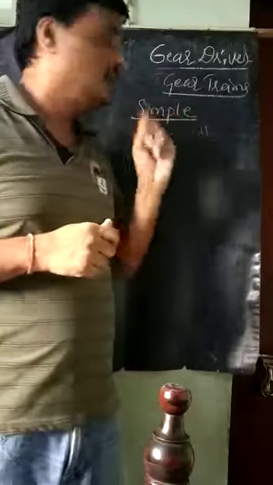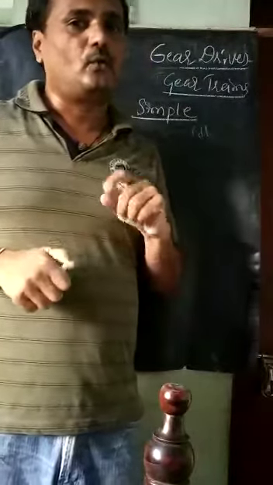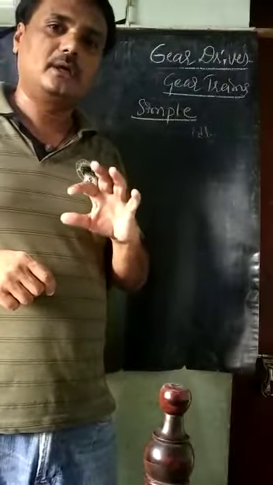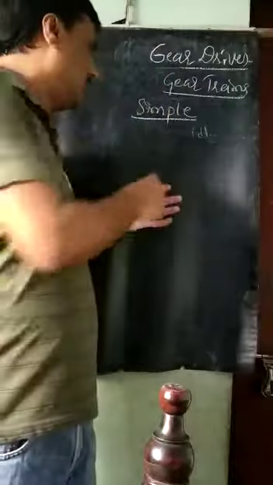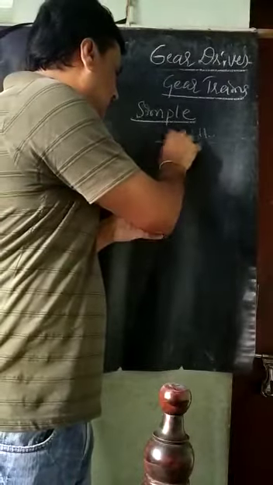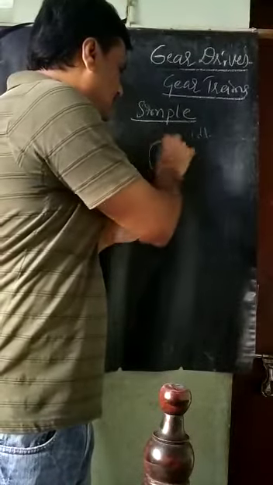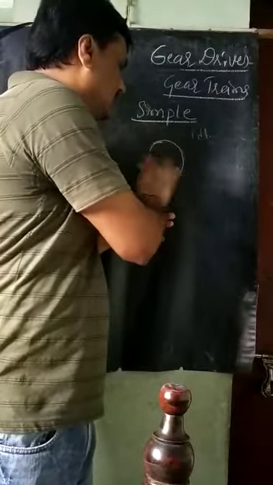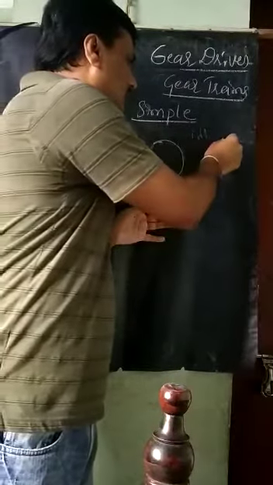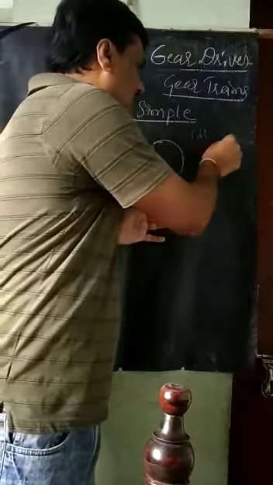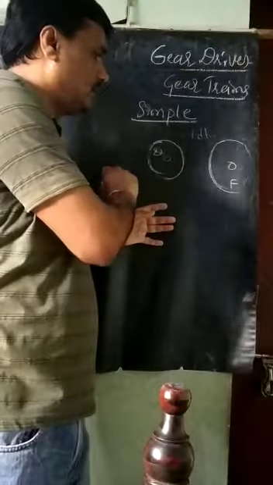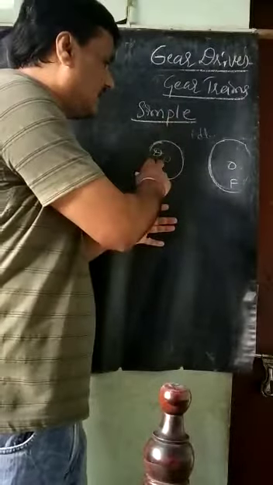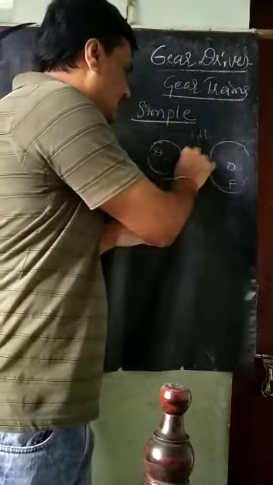There are two types of gear trains. One is a simple gear train, and another one is the compound gear train. Simple gear train means what? For example, if this is the driver gear and this is the follower gear at the end, and we want to transmit the power from this driver to the follower, I have to take another gear like this.